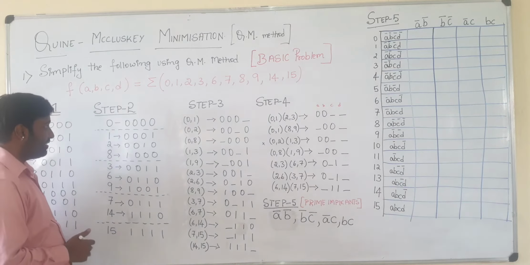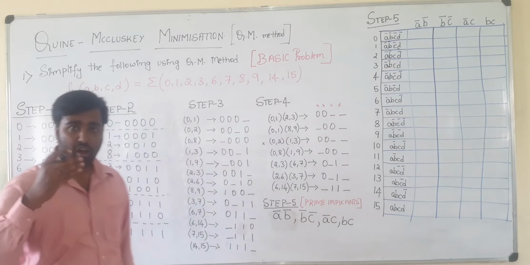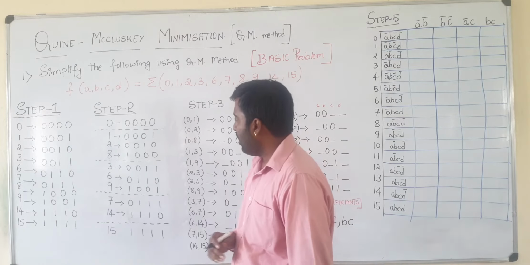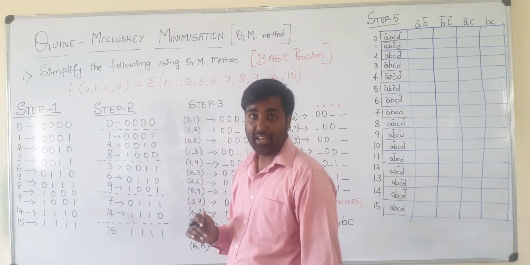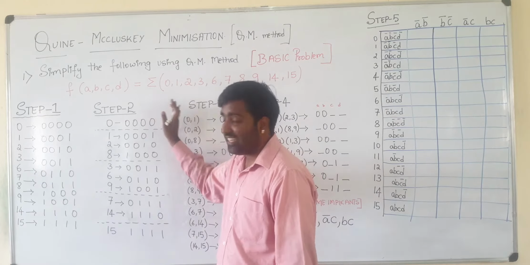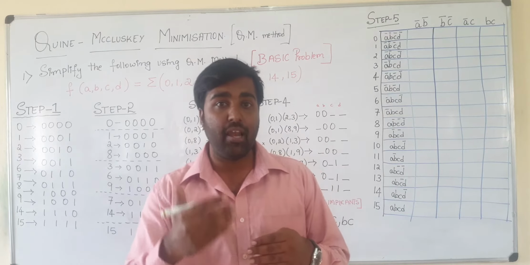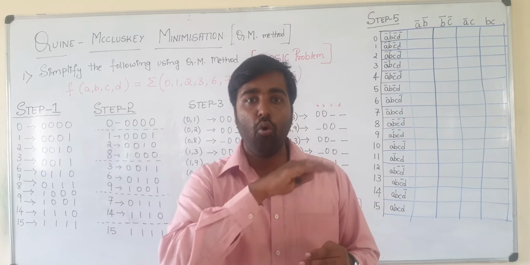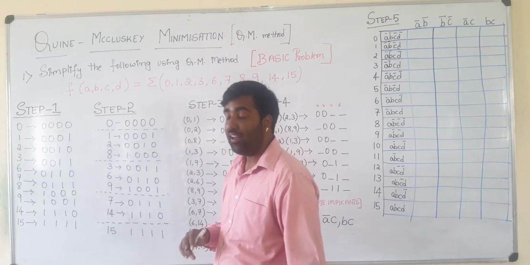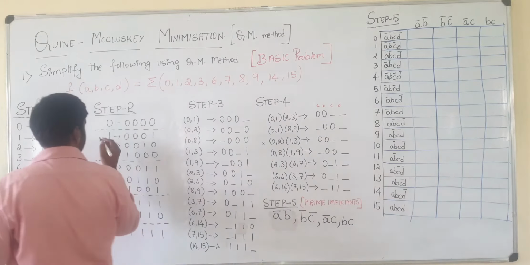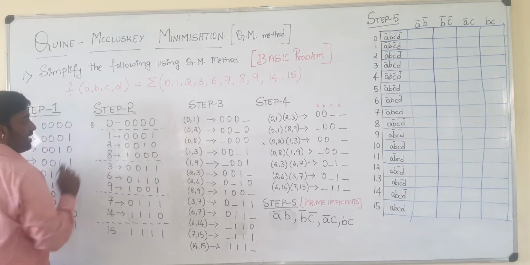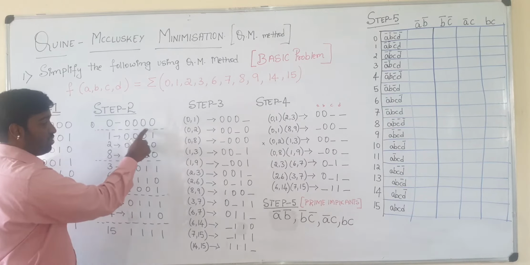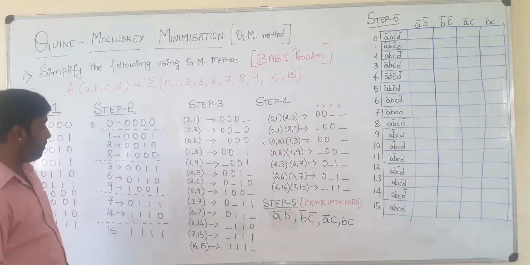The second step is grouping all the numbers. Now how do we group these numbers? In the second step, we start grouping the numbers based on the number of ones present in the whole digit. For example, my first group, the 0th group, consists of no ones, that is 0000.